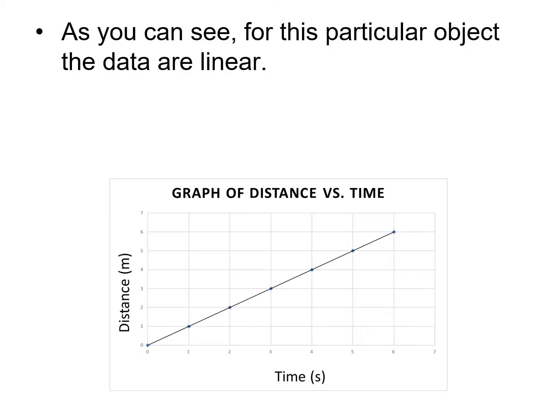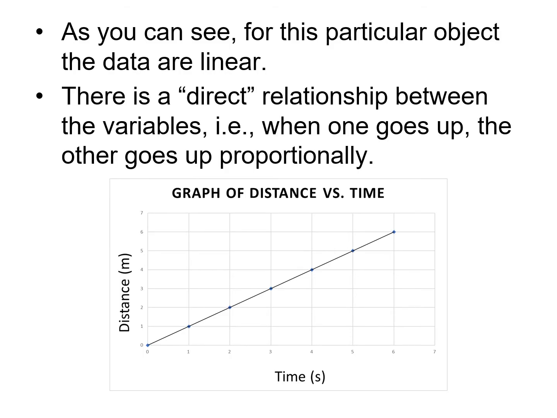As you can see, for this particular object, the data are linear. There is a direct relationship or a direct proportionality between the variables. In other words, when one goes up, the other goes up proportionally.